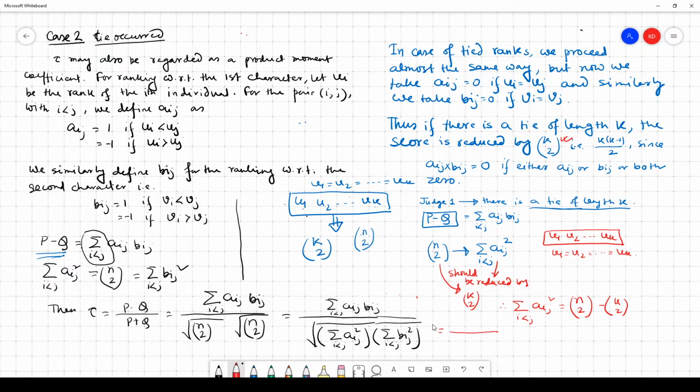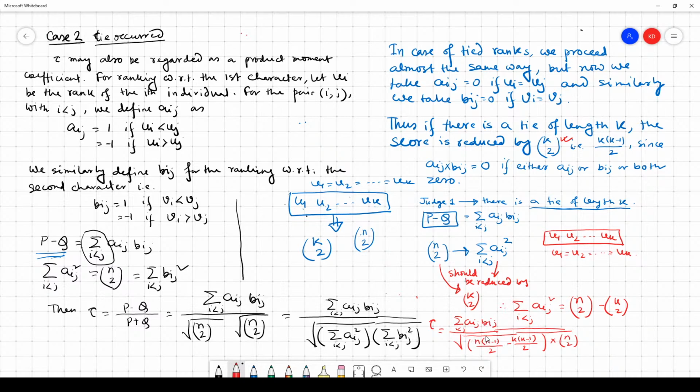So therefore tau should be the summation i less than j aij into bij over the root of, instead of the summation i less than j aij square, you write nC2 or n into n minus 1 by 2, which is the same, minus, instead of kC2, I write k into k minus 1 by 2, into the summation bij square, that means nC2, and the above things are fixed.